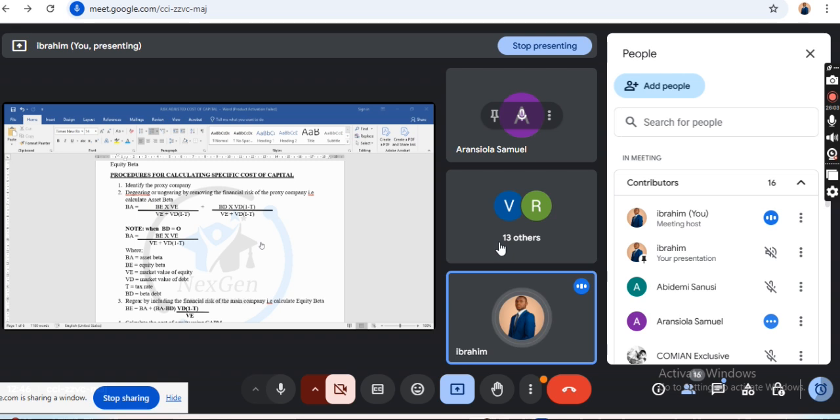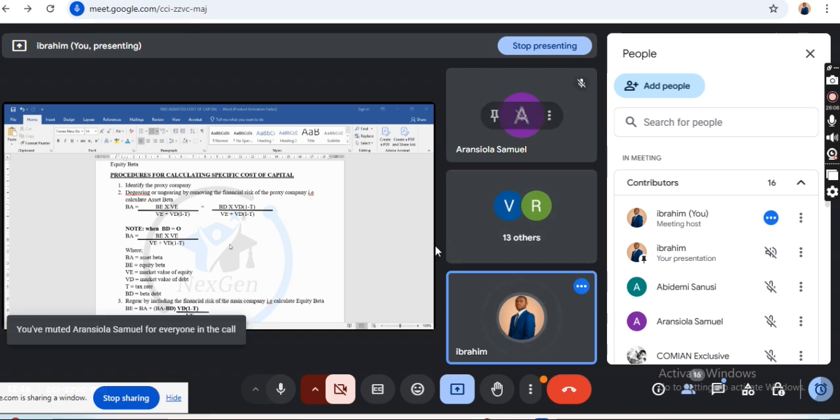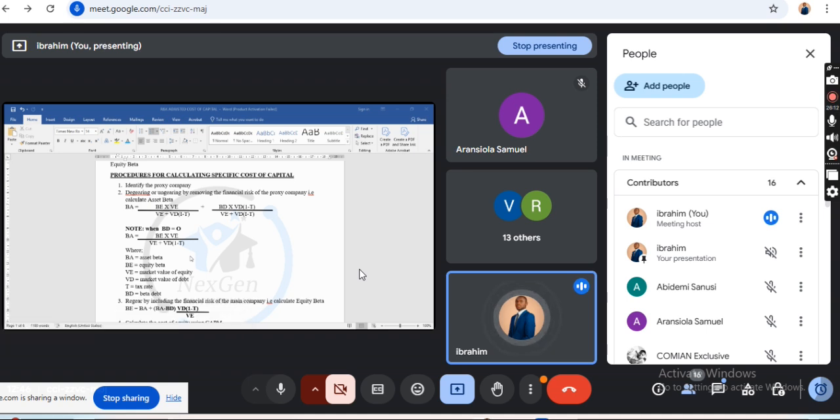So in this step two, this step means that you should calculate asset beta. Asset beta measures business risk. That is why they say by removing, you remove the financial risk of the proxy company. What is the proxy company? It is the company you are diversifying into. You don't need their financial risk, which affects them only, because the financial risk affecting one company is different from the one affecting another tuition center.